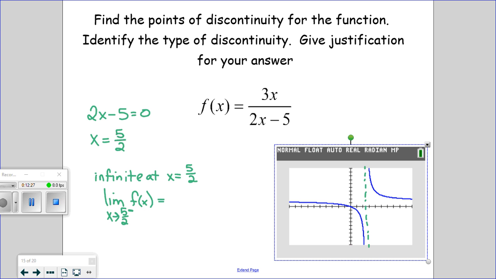From the left, this piece of graph is headed down towards negative infinity. One of those is actually enough, but I'm going to put both right and left up here as x approaches 5 halves. From the right is infinity. And infinity is an infinite discontinuity.